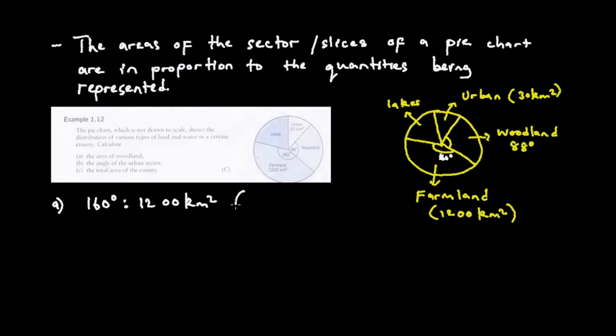This is for farmland. Tikaenda pa woodland, taudzwa kuti woodland comprises of 88 degrees, but we do not know kuti iri proportional to what area, and this is for woodland now.